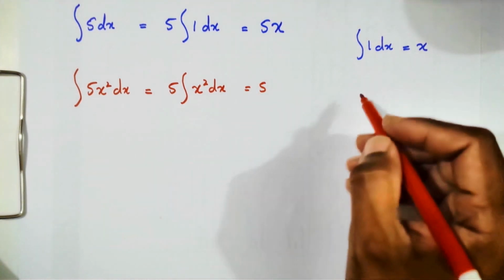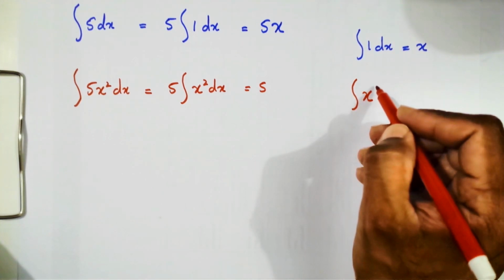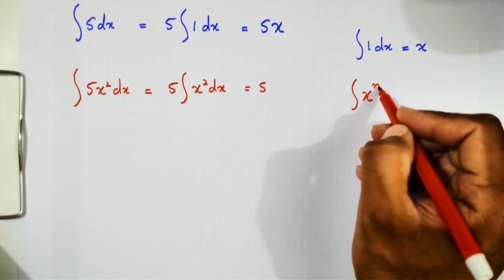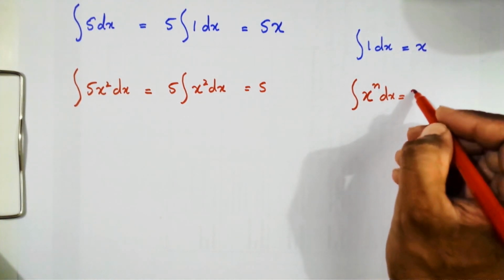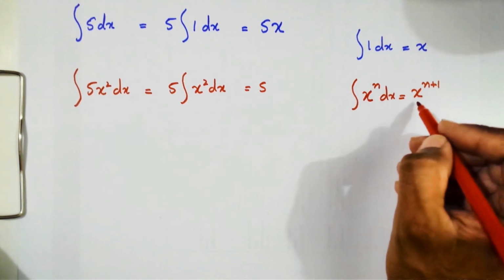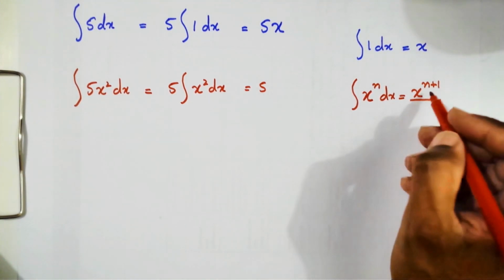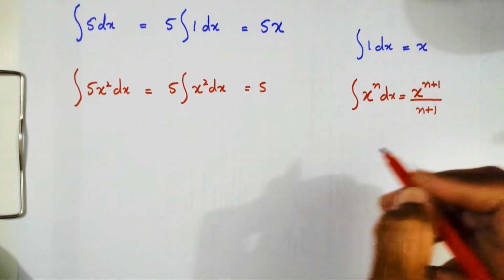According to the rule of integration, if there is any power of a variable, suppose n, we will add 1 to the given power and write the result of the power in its denominator.